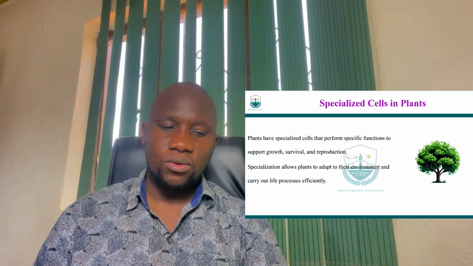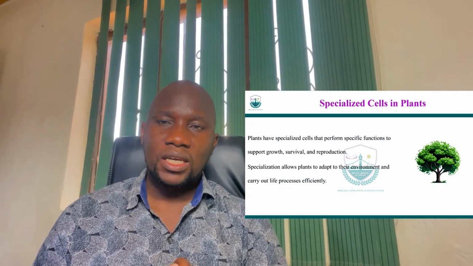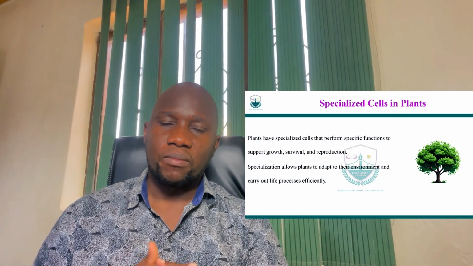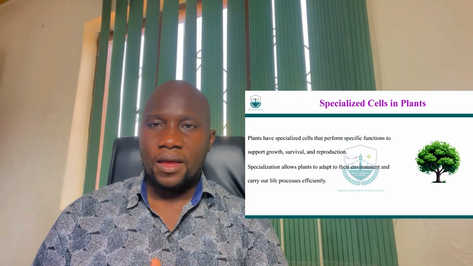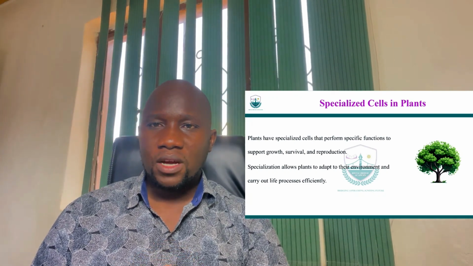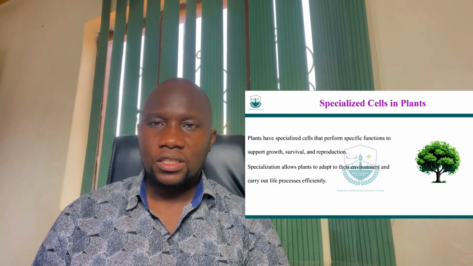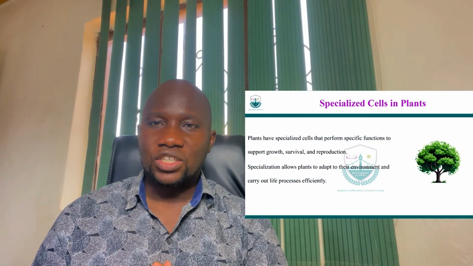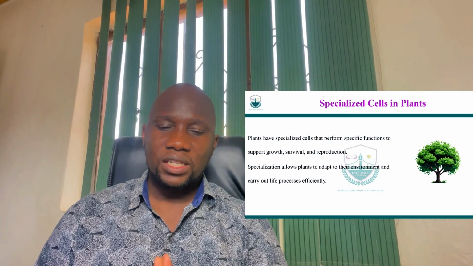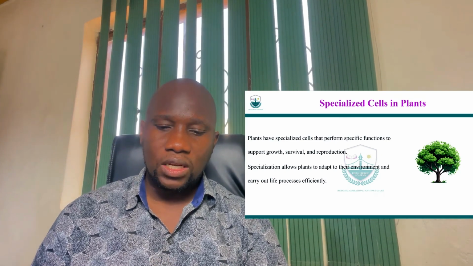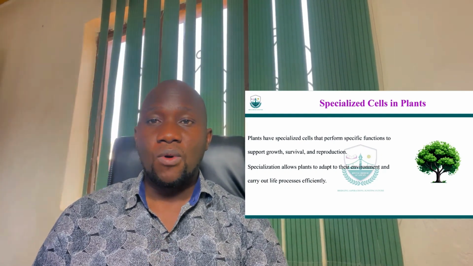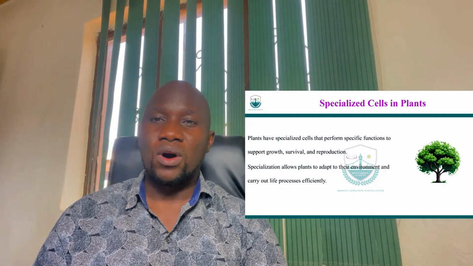And this is very important for growth of the plant, for reproduction, and also survival of the plants. Why? Because the fact that you have different cells doing different functions means that there is specialization. And when we have specialization, it means that the plants are able to adapt to their environment and carry out life processes more efficiently.